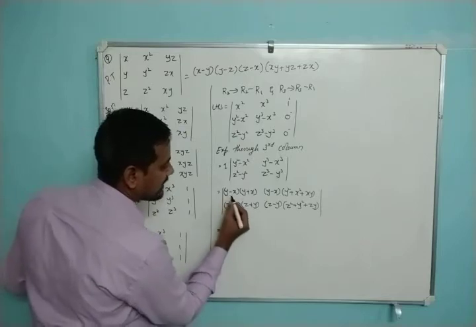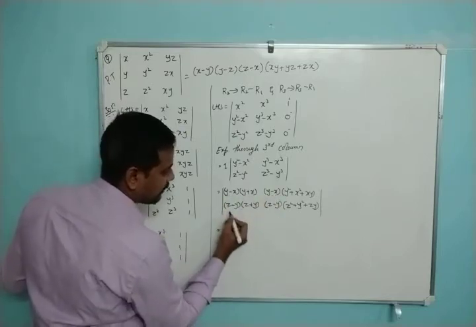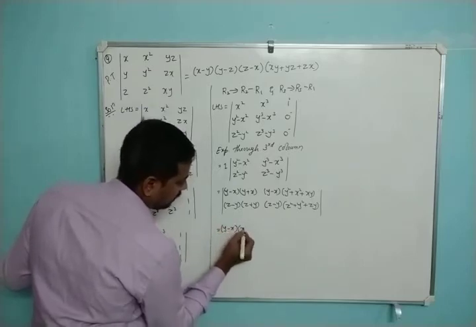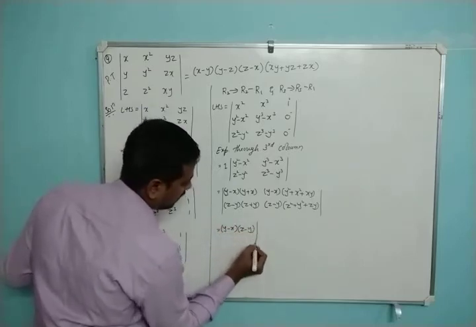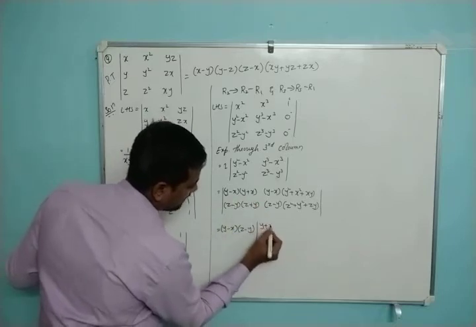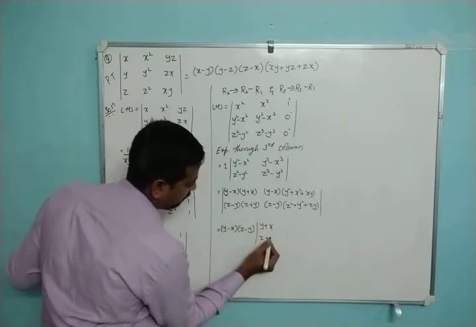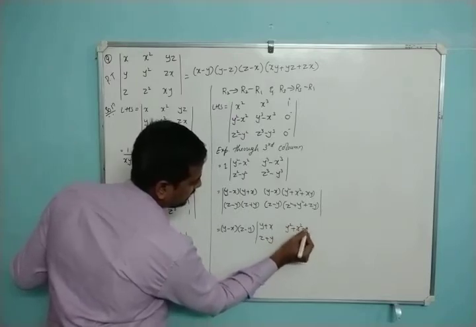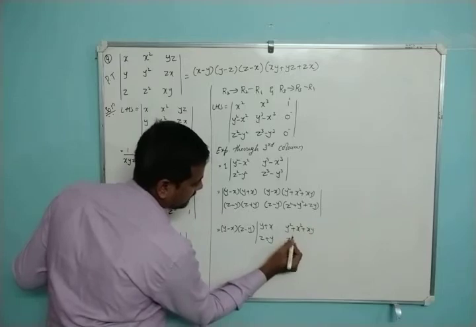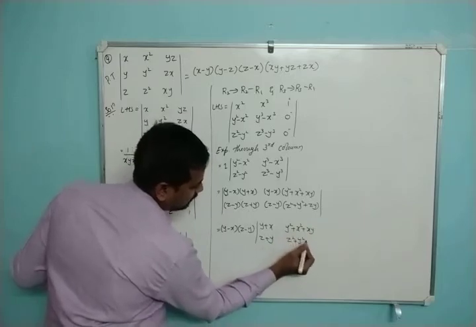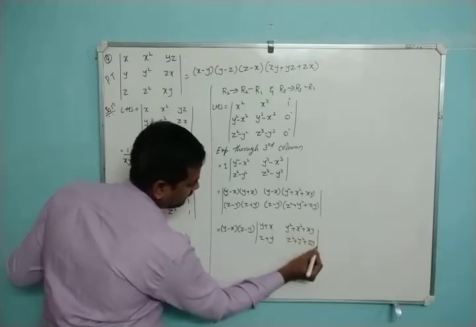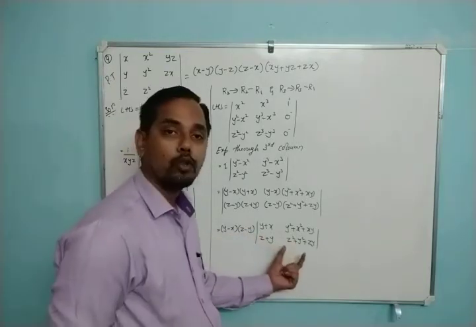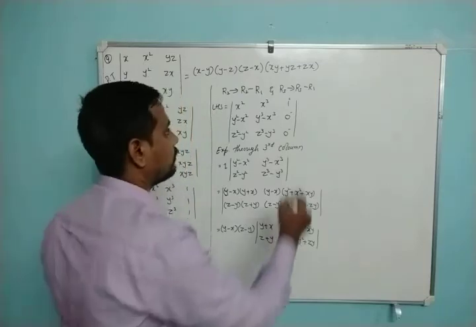So here y minus x is there, y minus x is there, z minus y is there, z minus y is there. I can take them out. So what remains? Y plus x, z plus y. Here y square plus x square plus xy. Here z square plus y square plus zy. Okay. So now I can solve the determinant here to get the value.